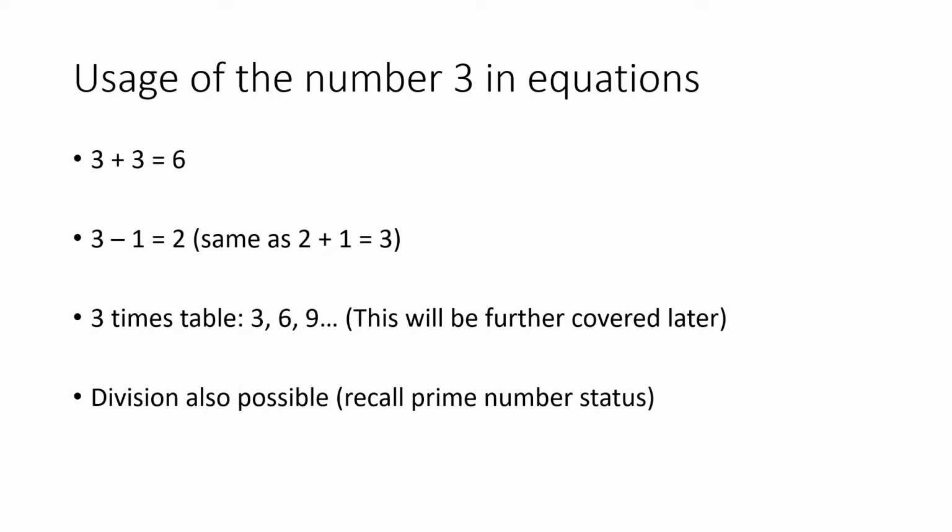And division is also possible, but once again, you must remember the prime number status of the 3 has limited its factors. You may recall when we discussed 1 that each number divided by itself causes the number 1, and this is also true of 3 being one of the numbers. So 3 divided by 3 equals 1.